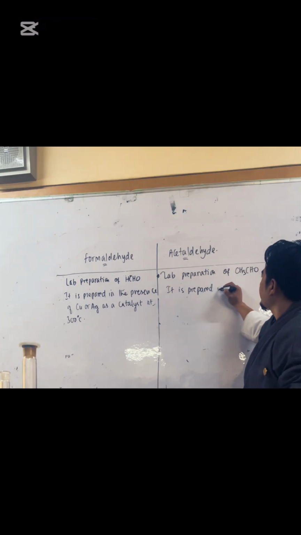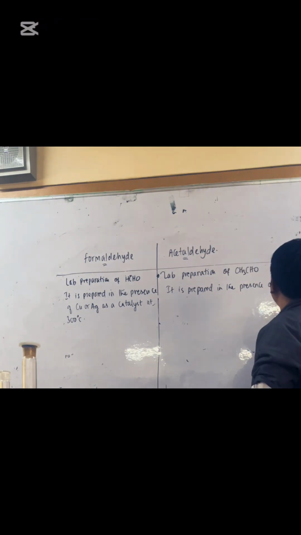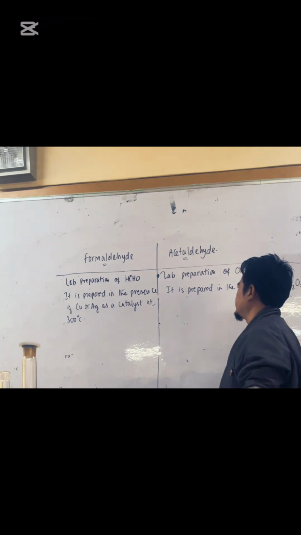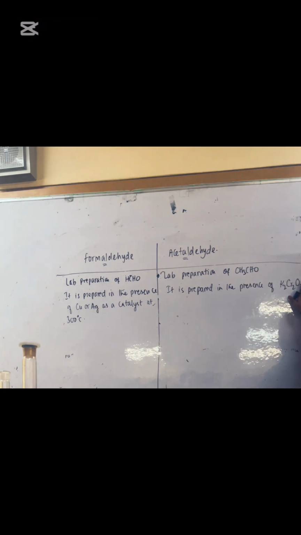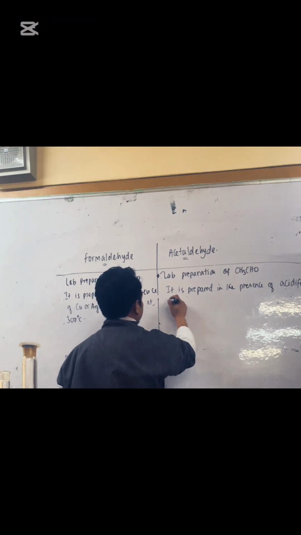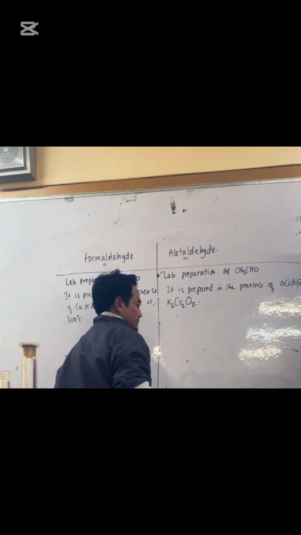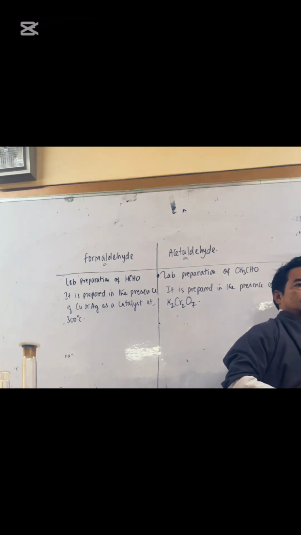And here it is prepared in the presence of K2Cr2O7, an oxidizing agent. Acidified, that means acid is also present in it. Acidified K2Cr2O7, potassium dichromate. So we are going to see the reactions now.